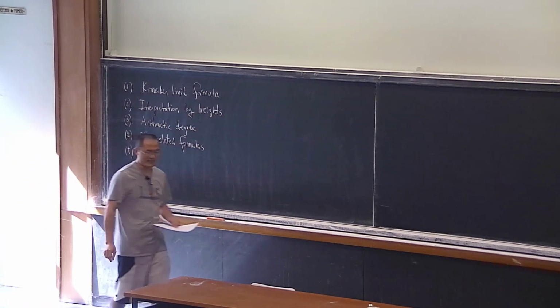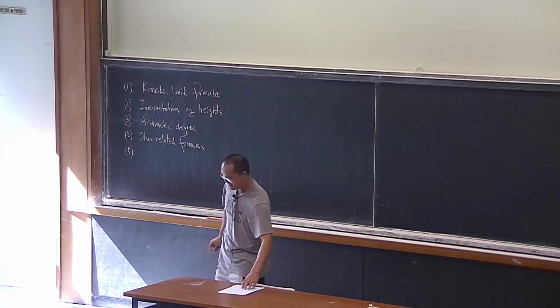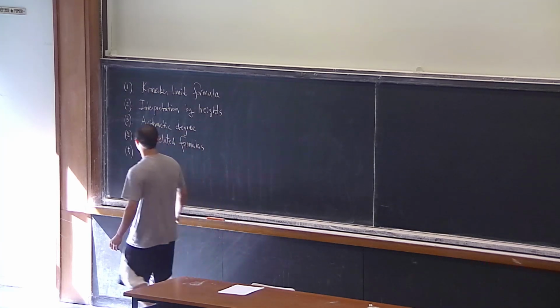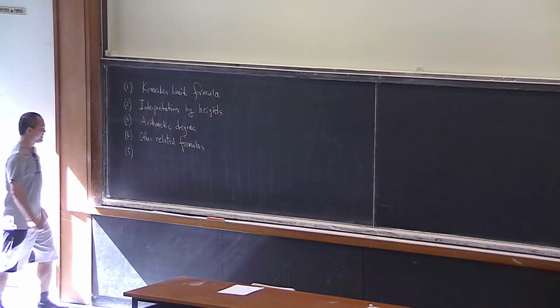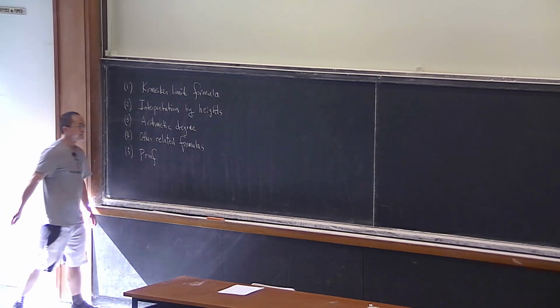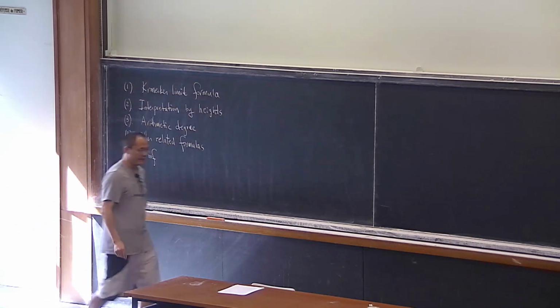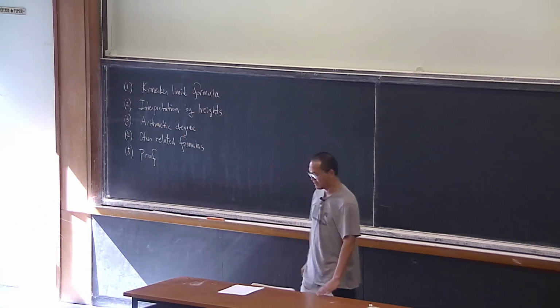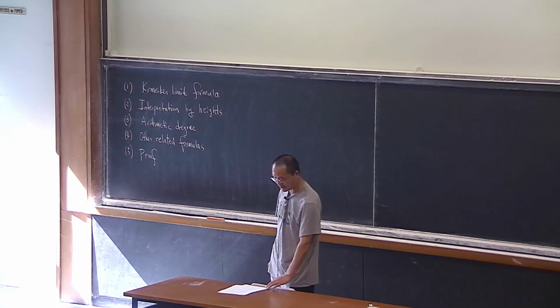The last part is about the proof. I don't know if I can go to there. Really depends on the time. Okay, so we start with the Kronecker limit formula.